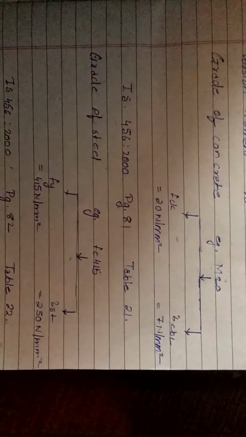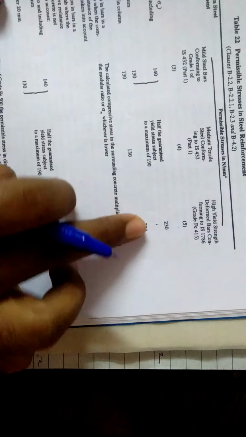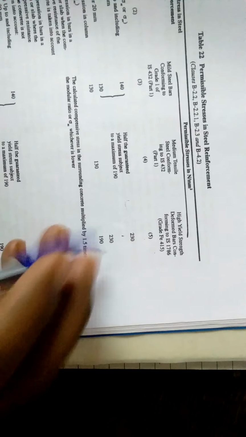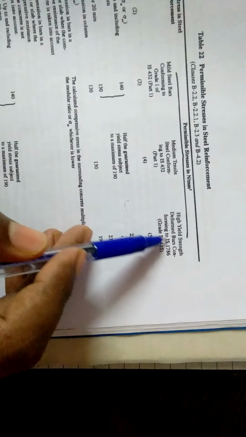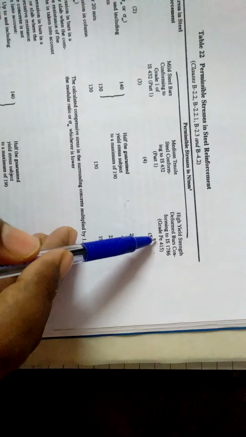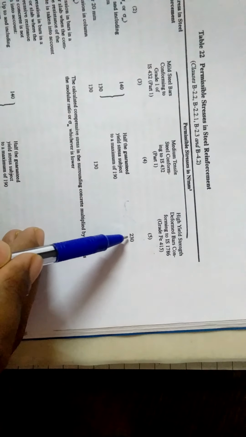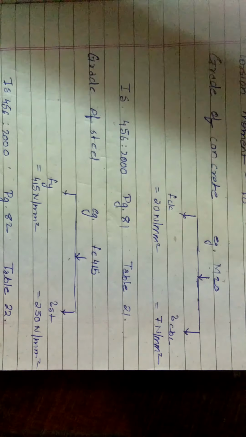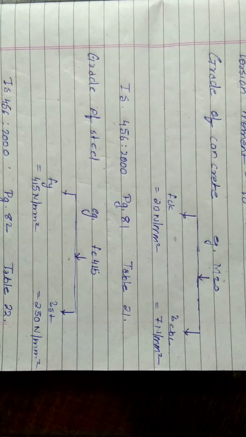See in this, that is 230. See the HYSD bar. The grade is Fe415, and for Fe415 it is 230.